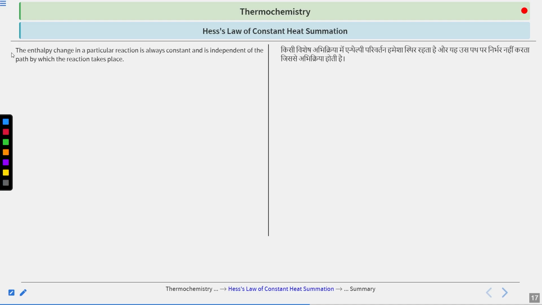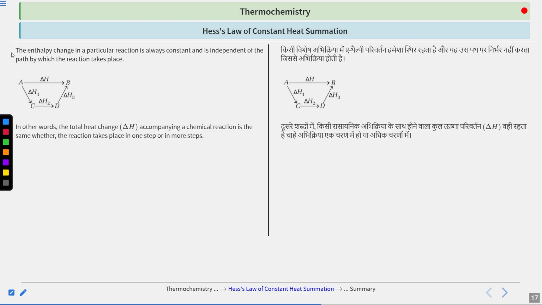Suppose you are going from A to B directly, or you can go from A to C to D and then to B. Then your enthalpy change delta H is equal to delta H1 plus delta H2 plus delta H3. Clear? Because enthalpy is a state function.